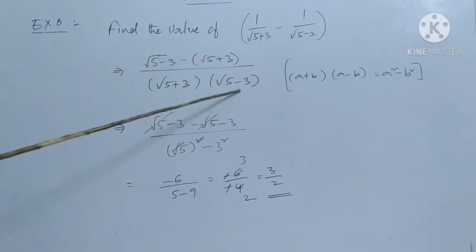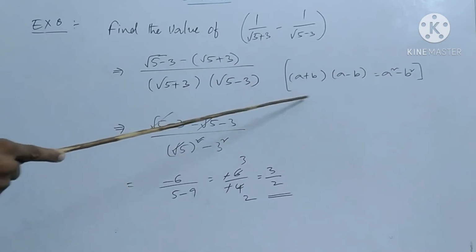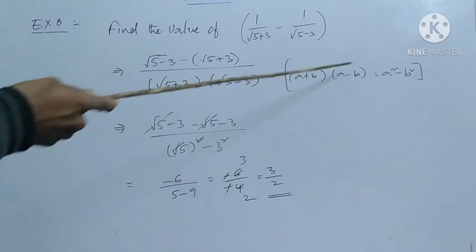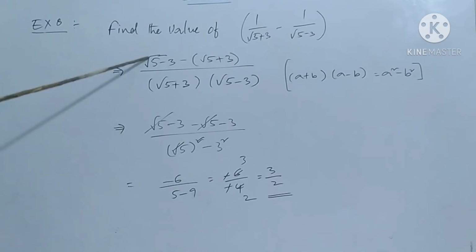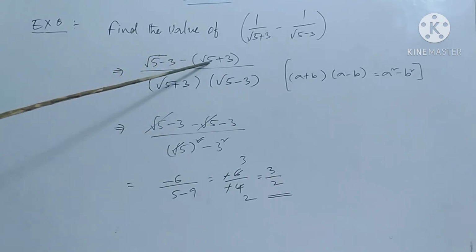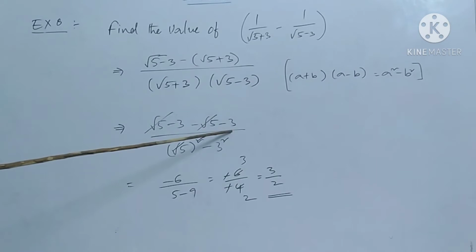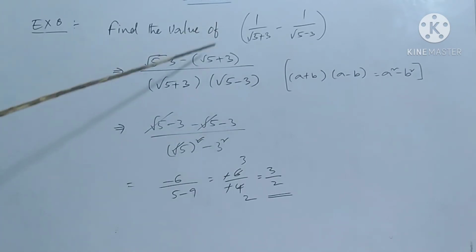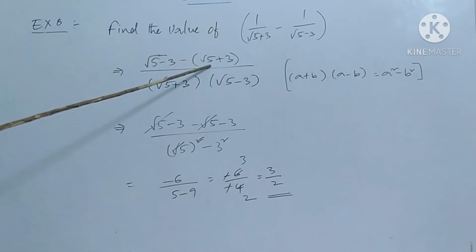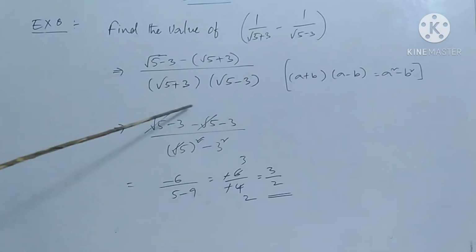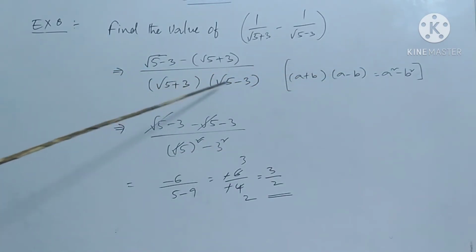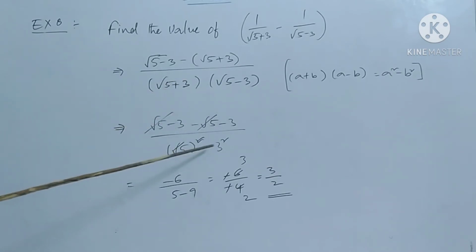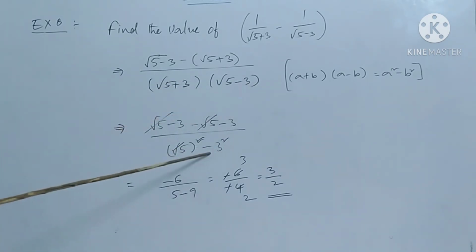So the denominator is of the form a plus b into a minus b. Result is a square minus b square. So that is equal to root 5 minus 3 minus root 5 minus 3, multiplied with minus, by a plus b into a minus b, a square minus b square. Here a is root 5, root 5 whole square minus b square is 3 square.